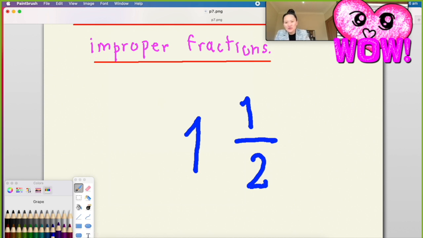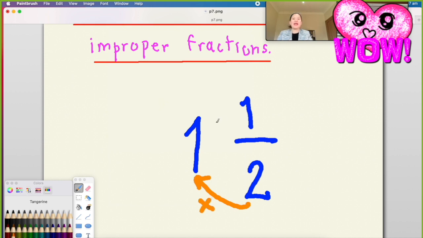The way you do it is you put 1 over 2. You put it like this, 2 times 1, you multiply them here and then you plus here.